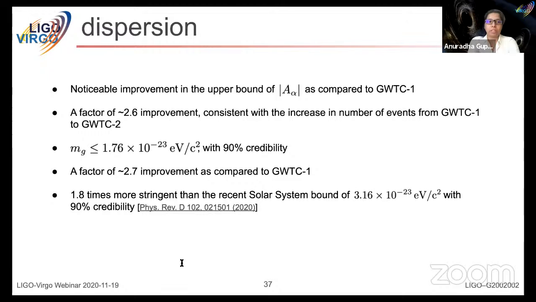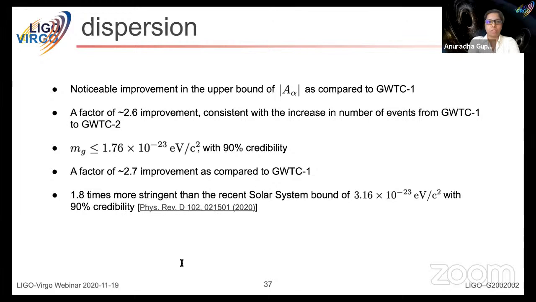We also computed the mass of the graviton, and we find it to be less than 1.76 times 10 to the power minus 23 electron volt per c squared with 90% credibility. This is again a factor of 2.7 improvement as compared to the previous catalog. If we compare this bound with other probes, such as the solar system bounds, we find that our bound is 1.8 times more stringent with 90% credibility.